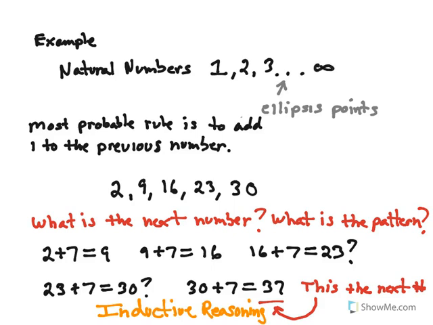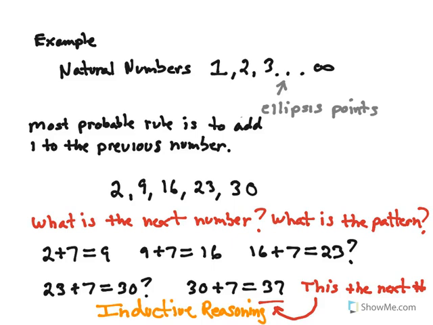The ellipsis points mean these numbers go on forever in the positive direction. When we look at this pattern, the most probable rule is that we add 1 to the previous number, so the next number after 3 would be 4, and then 5, and then 6, etc.